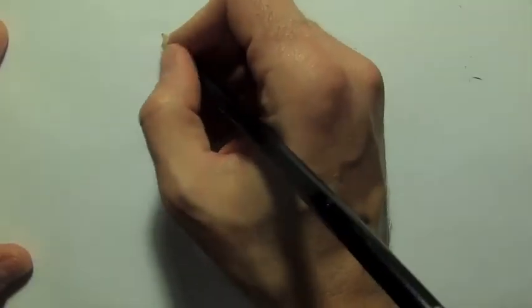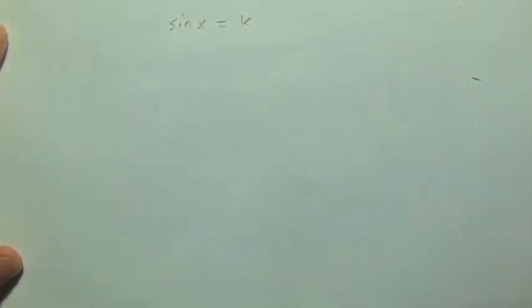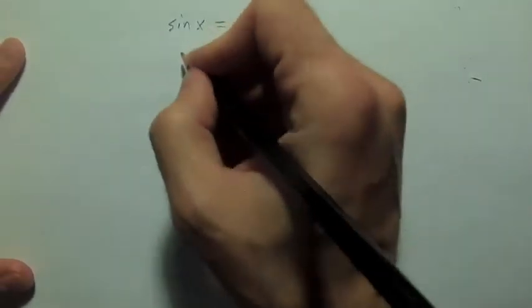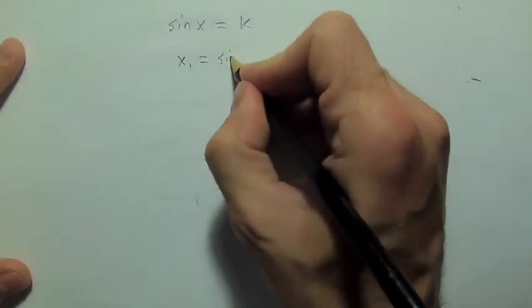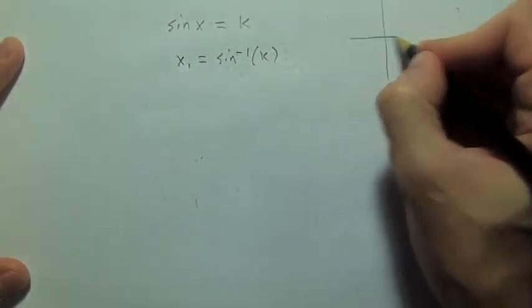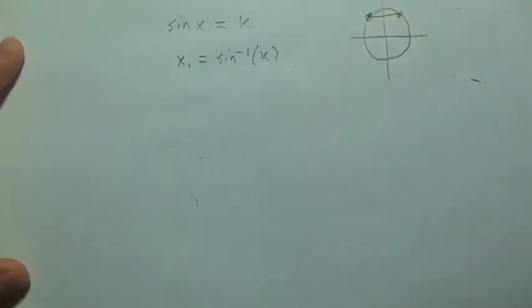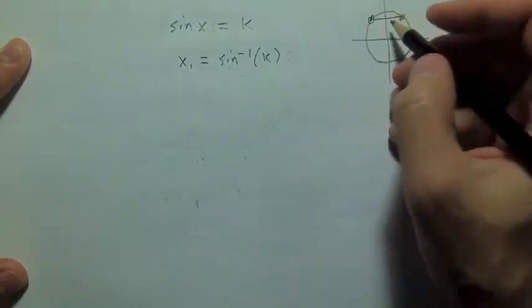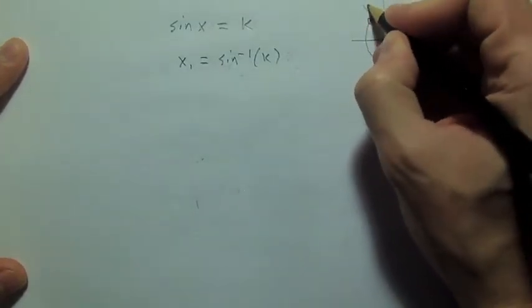Okay, so for sine equations, if sine equals some number, we get the first solution from the inverse, or you can just think about it, and then the next one, if we have one here, we map horizontally to get the next one, right? If x1 is over here, then x2 will be over here.